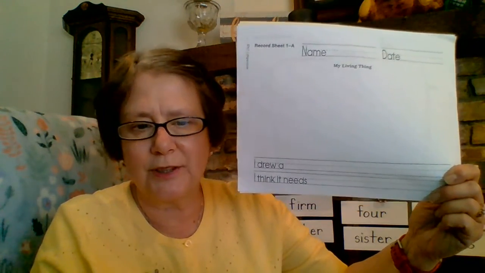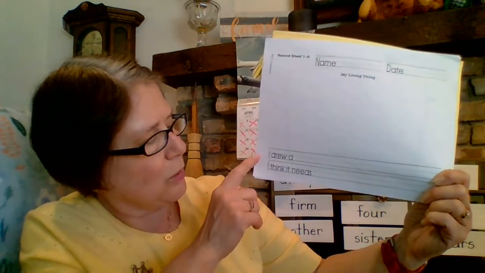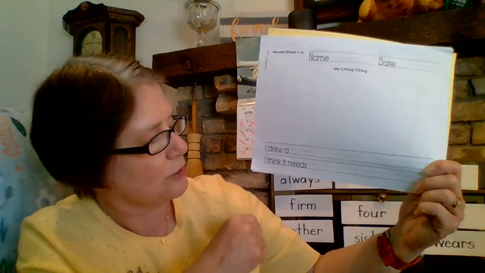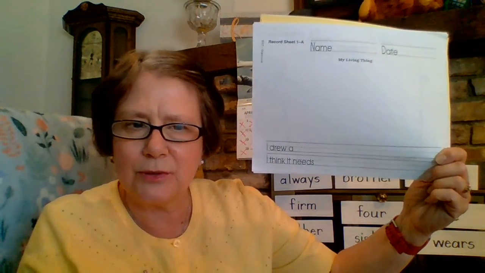So turn to the next page after that, and what you're going to see is a page that looks like this. You're going to have to turn it sideways. My Living Thing. We're going to talk about Alice today. And right in this spot, I'd like you to draw a picture of Alice. Down below, I'd like you to finish the sentence. I drew a, do you remember what kind of a lizard Alice is?